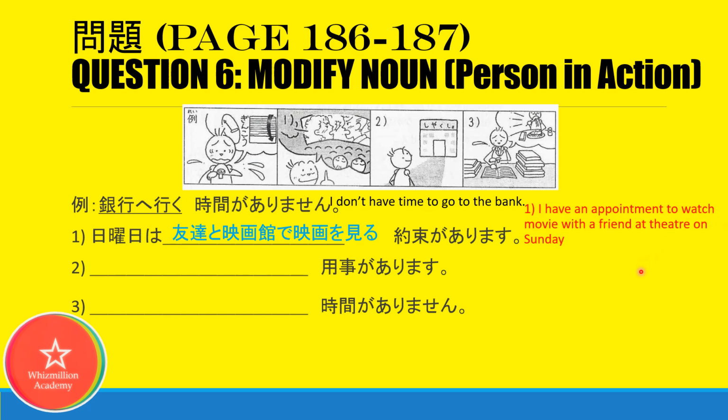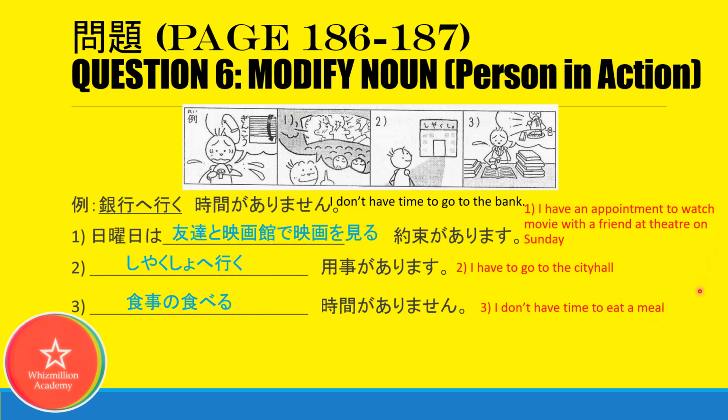So I have an appointment to watch a movie with a friend at the theater on Sunday. Question number 2. 市役所へ行く用事があります. I have to go to the city hall. Right? Question number 3. 食事の食べる時間がありません. I don't have time to eat a meal.